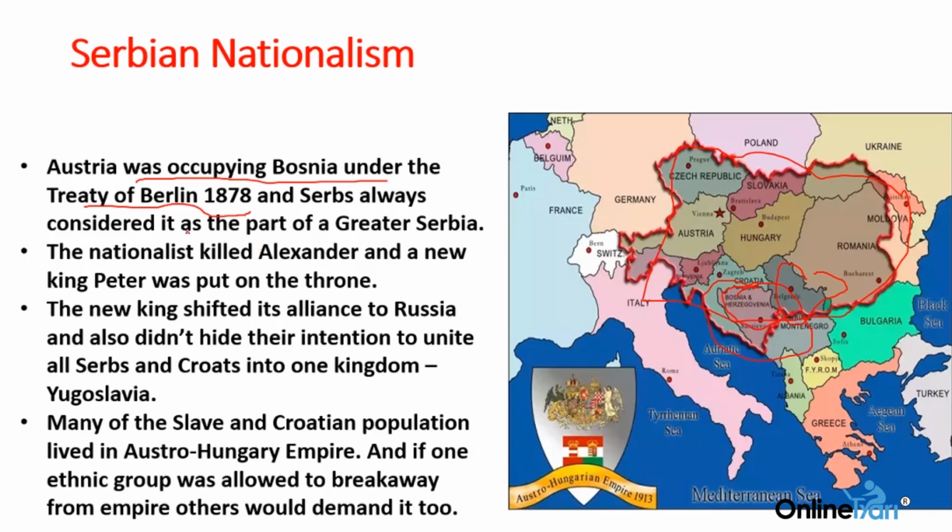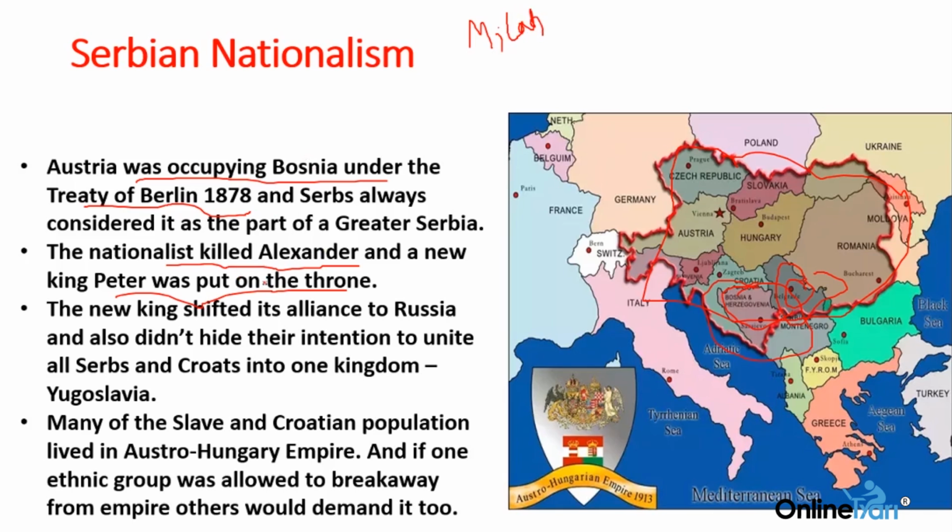And what happened was that the nationalists killed Alexander and the new King Peter was put on the throne. So during 1910, Serbian nationalists killed King Alexander, and before that there was King Milan, who was much closer to Germany.